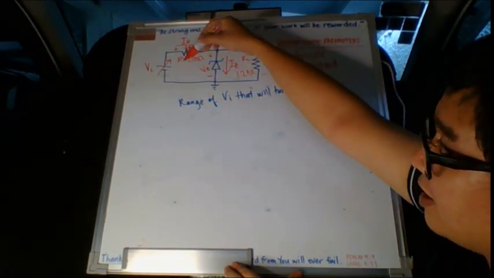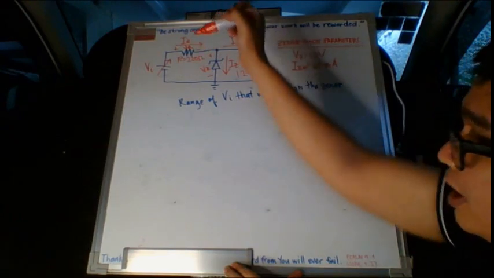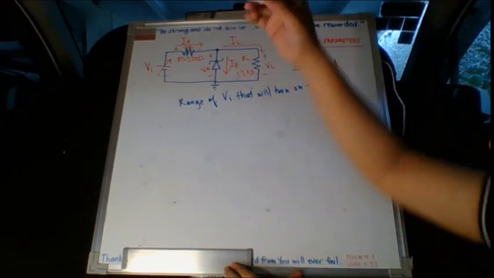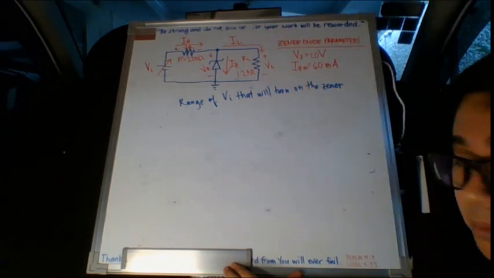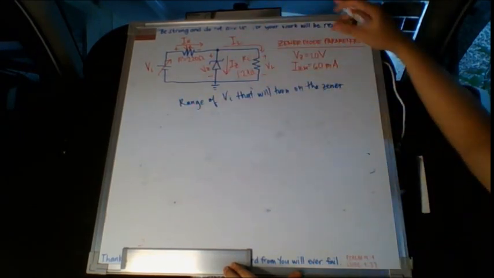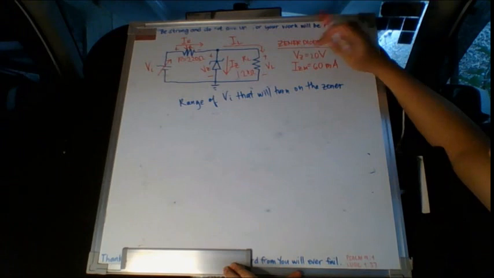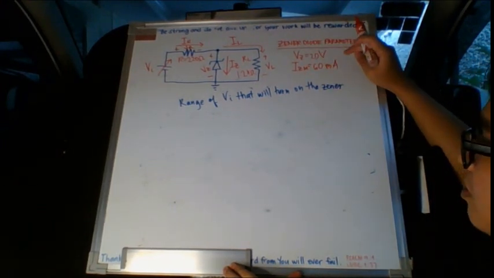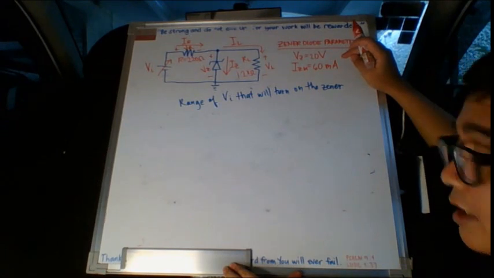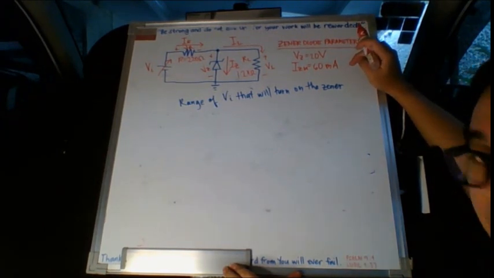We have a series limiting resistor na 220 ohms. We have a load resistance of 1.2 kilo ohms. We have a Zener diode na merong parameters na nominal Zener voltage of 20 volts and the maximum regulating Zener current of 60 milliamperes.